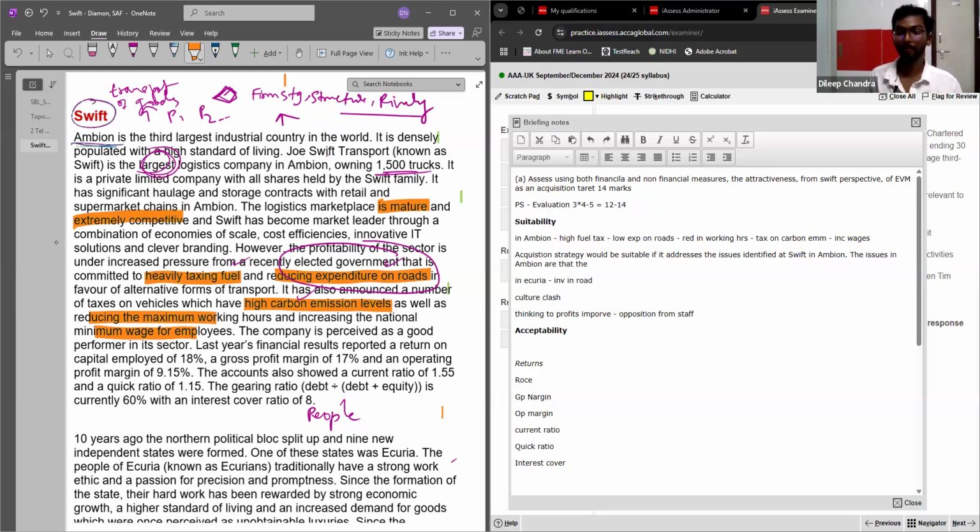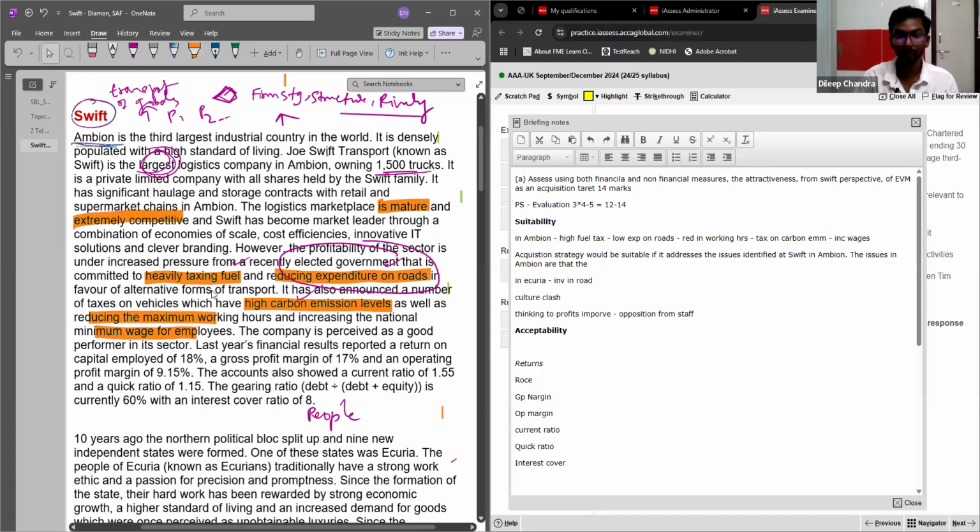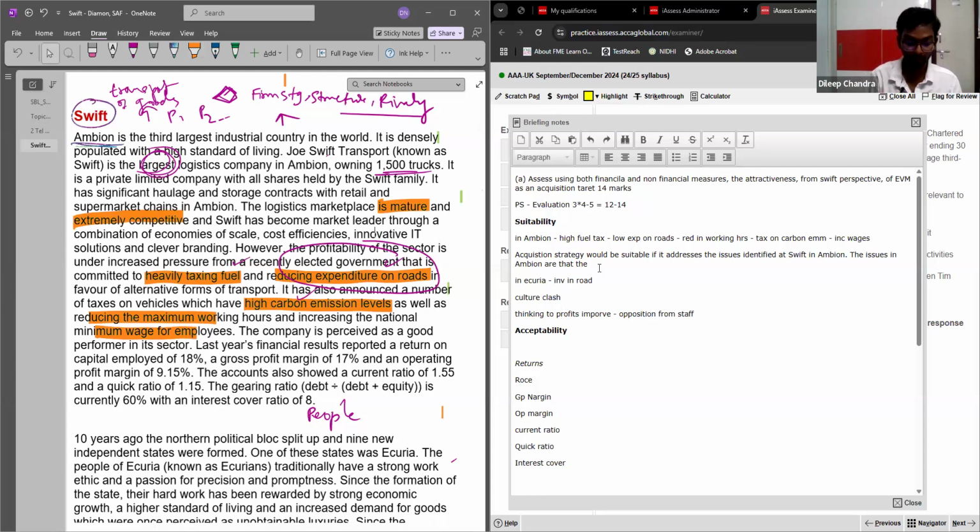So I'll say the issues in ambient are that the market is already mature, and because of this, margins could be reducing.